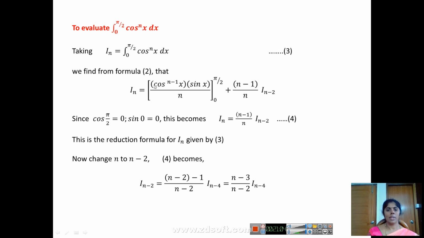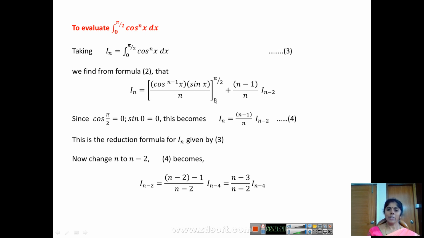That is, In equals cos to the power n minus 1 of x sin x divided by n, evaluated from 0 to pi by 2, plus the term In minus 2, which is nothing but the integral from 0 to pi by 2 of cos to the power n minus 2 of x dx.